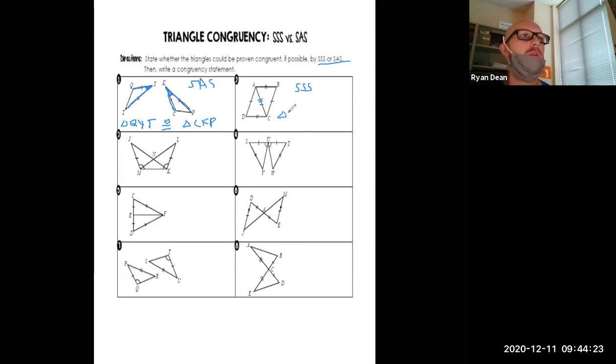For the congruency statement, if I go 1, 2, and then 3, that's going to be A, D, and then C. And I do the same thing for the other one over here. I go 1 to 2, and then 3. So C, B, A.